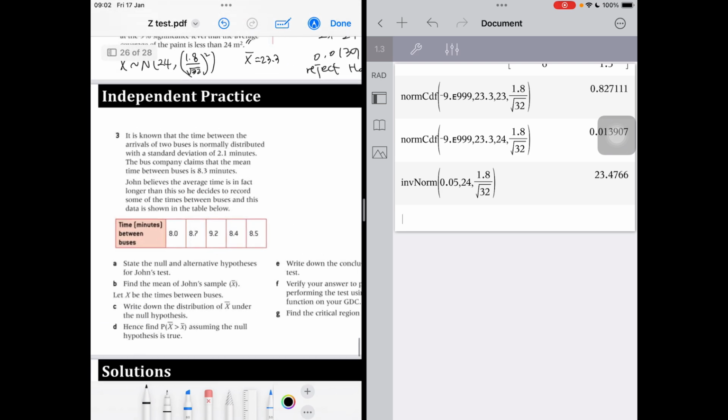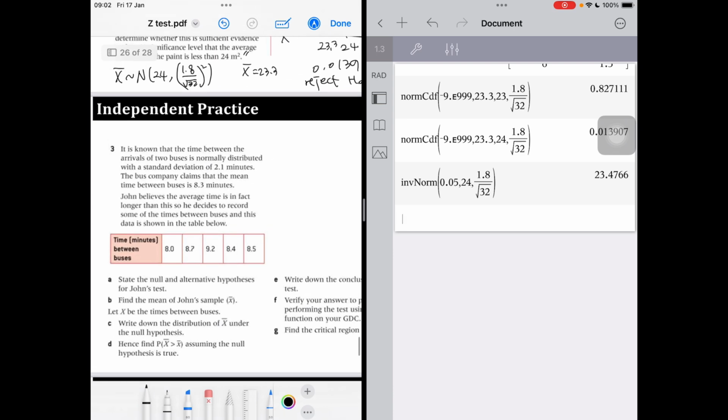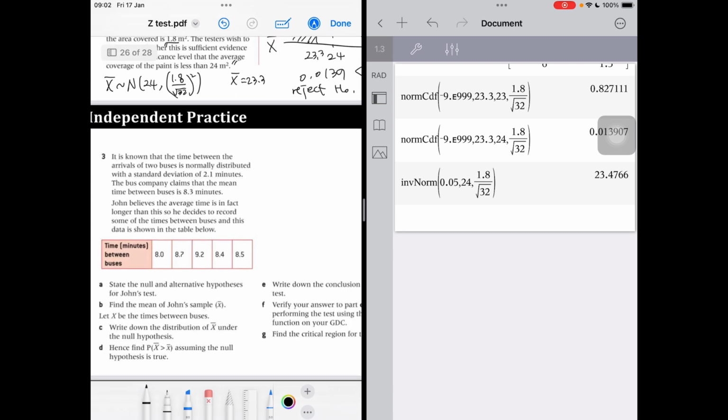Number 3. It is known that the time between arrivals of two buses is normally distributed, standard deviation 2.1. The bus company claimed that the mean is 8.3 minutes. John believed that, in fact, it is longer than this.